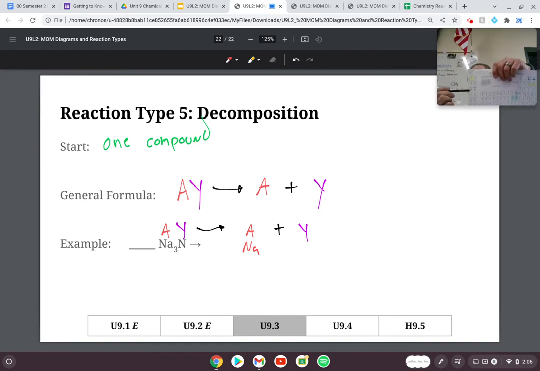Sodium is right here, and sodium is not a hydrogen, H2, nor is it an N2, O2, F2, Cl2, Br2, or I2, so as a result of that, I'm just going to write it as it is.